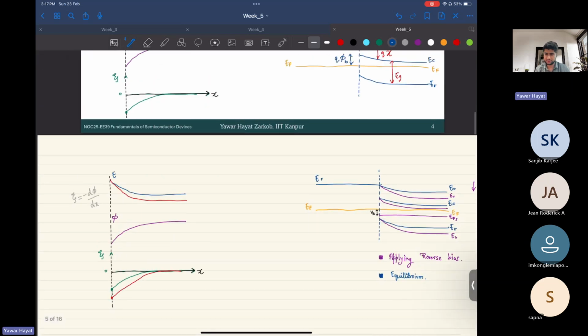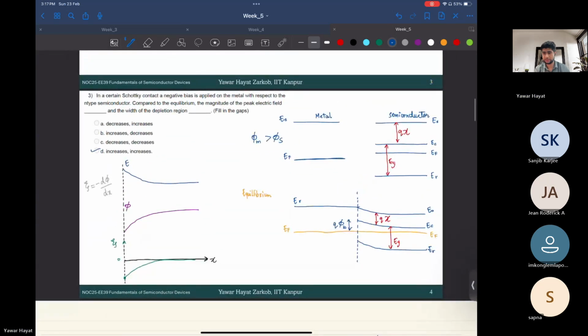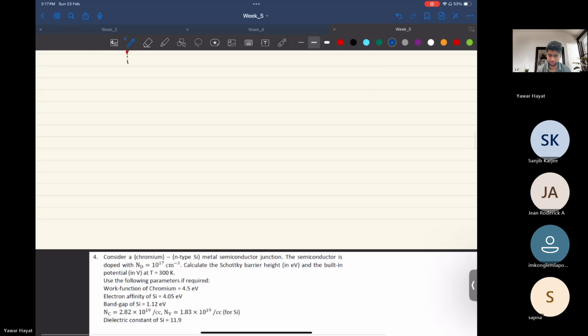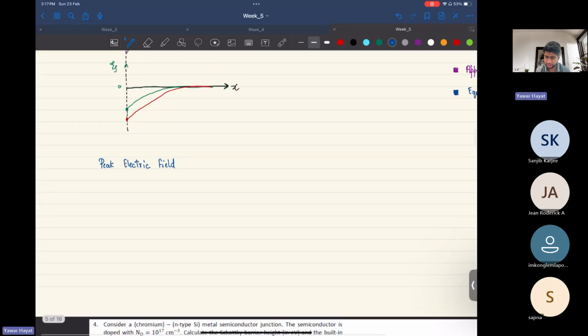So let me then just write it. Your peak electric field magnitude increases.